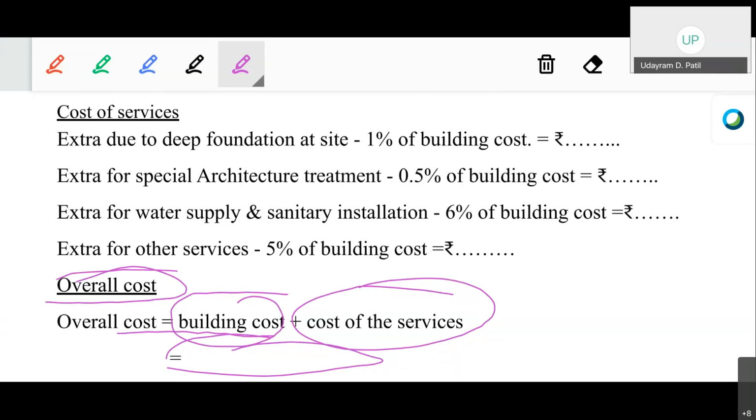Okay, total cost of the services is 5,38,543.63. And by adding the building cost plus cost of the services, it will give us the total cost. Cross verify it.